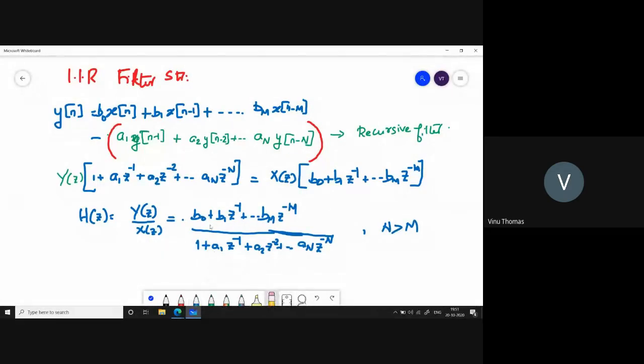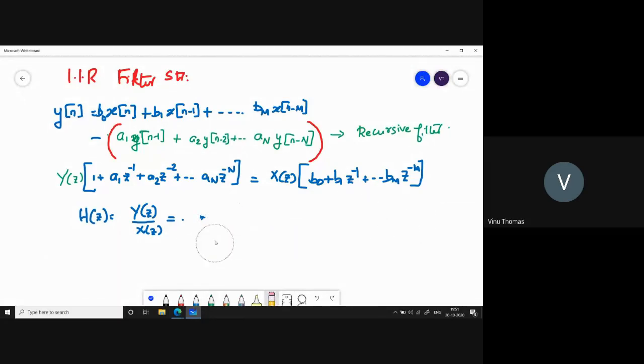You can represent it in a short form as a summation, sigma k equal to 0 to m of bk z raised to minus k, divided by 1 plus sigma k equal to 1 to n of ak z raised to minus k. Okay.